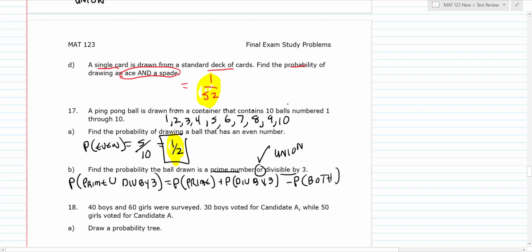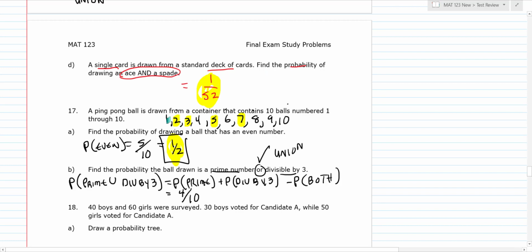You look for things that are both prime and divisible by 3 at the same time. The prime numbers are going to be 2, 3, 5, 7. That's it. Everything else has more than 2 factors. So there are 4 prime numbers out of 10.